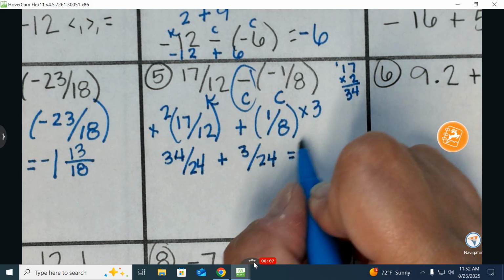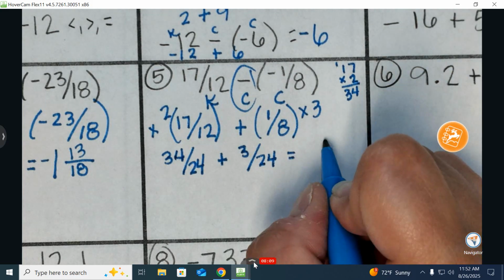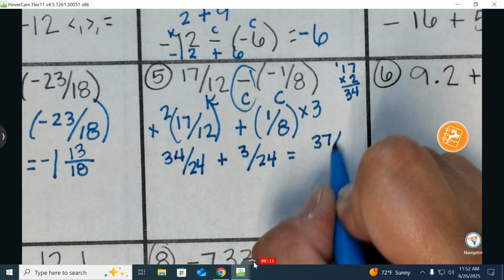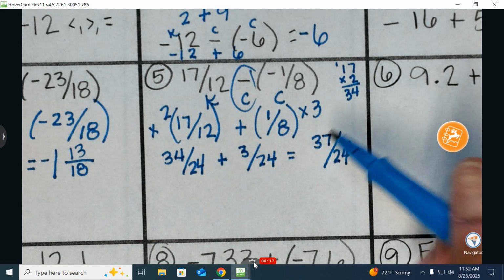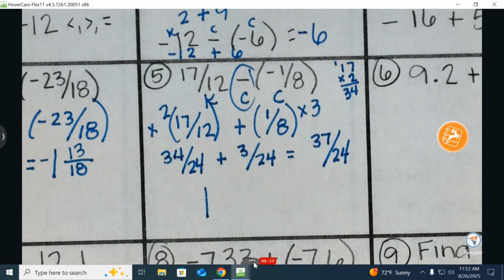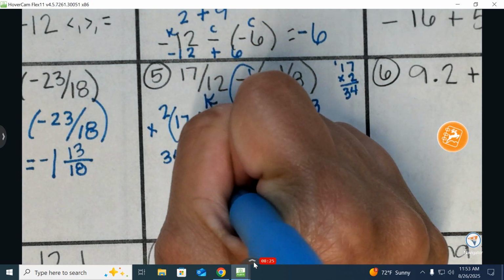So that gives me, got to add them, so it's 37 over 24. 24 will go into 37 one time, and that leaves me with 13 left over.